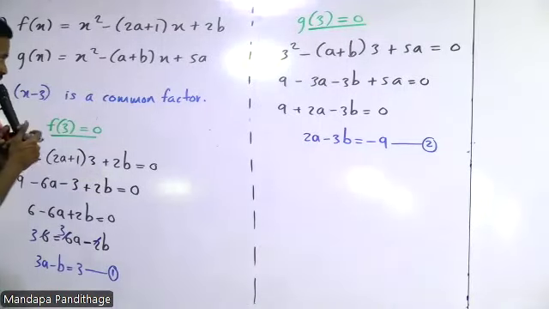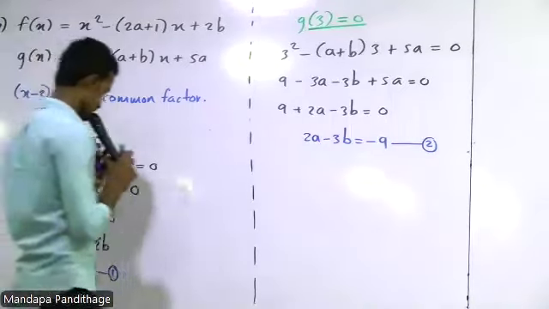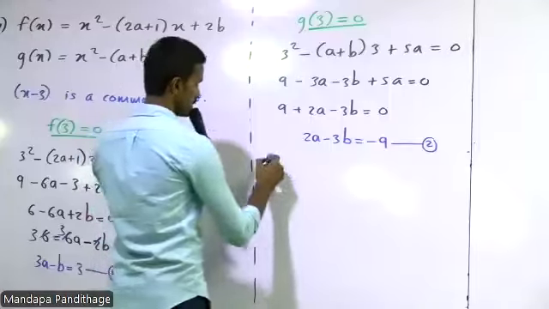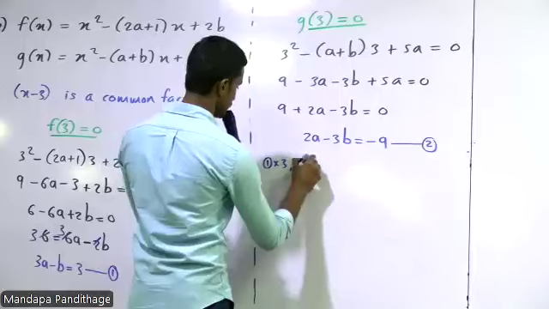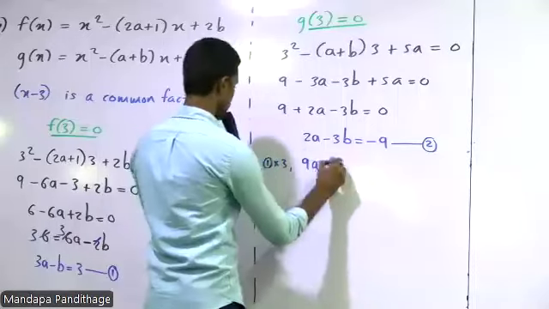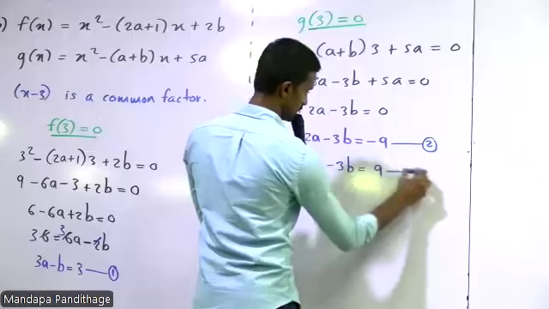Okay, then you can simplify these two. We have minus b, minus b. So you can multiply the first one by 3, and you get 9a minus 3b is equal to 9.